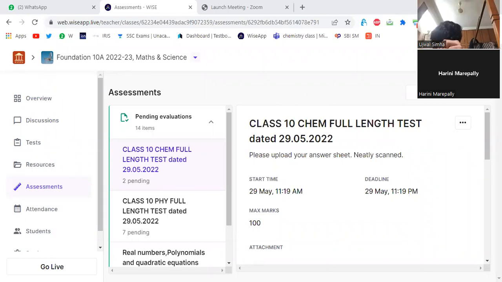Melting of ice. Or you can tell some more examples of physical change. Bending a metal object.